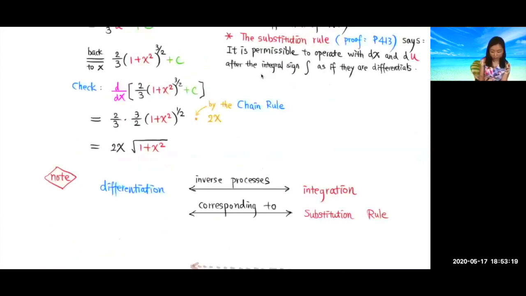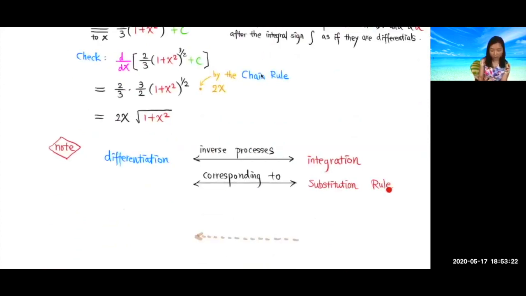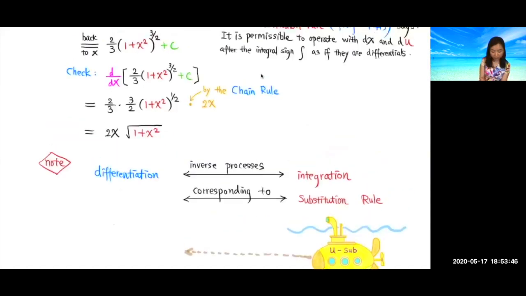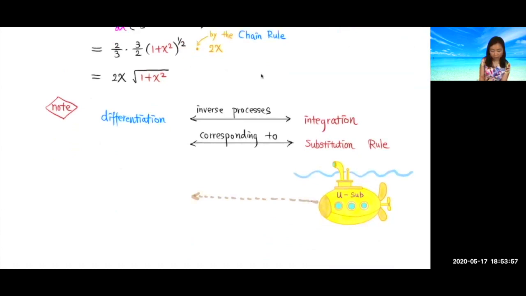Actually, the substitution method is already proven. We know integration and differentiation are reverse processes. So the substitution rule in integration, what is the corresponding rule in differentiation? You see that we have actually used the chain rule in this differentiation.